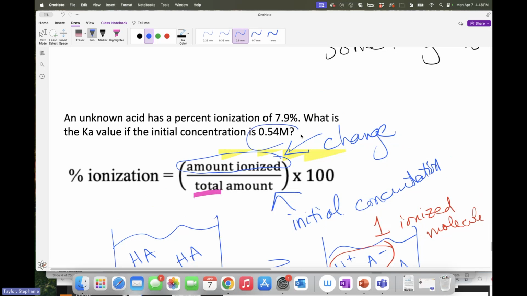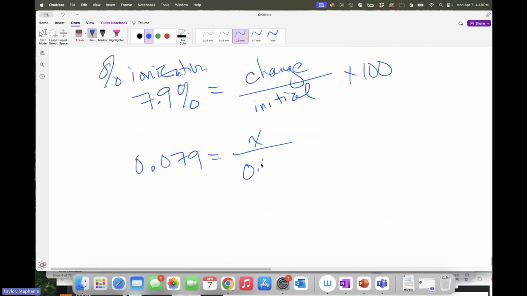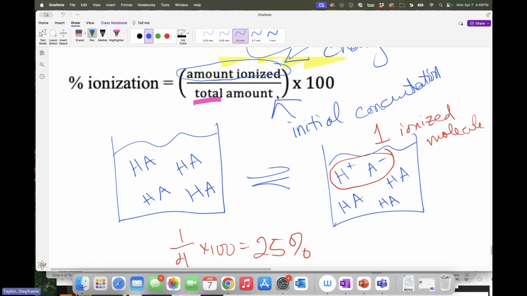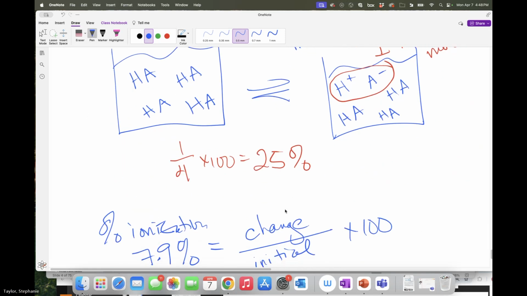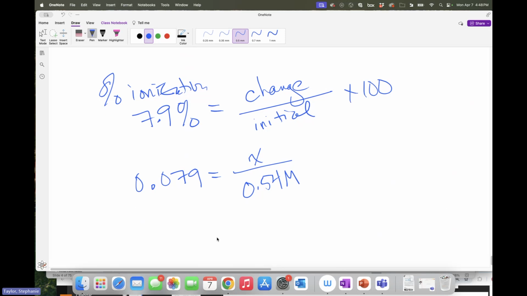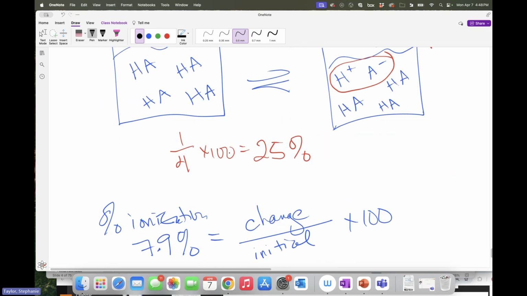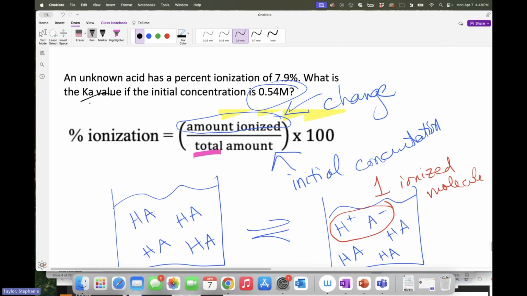That's why there was an initial concentration in the problem. We have to have that. 0.54 molar. So I grabbed my initial concentration, 0.54 molar. I then am going to solve for my change. So my X is 0.04266. I want that because the question asked for my Ka value. So I'm going to think about all the parts that a Ka value has.